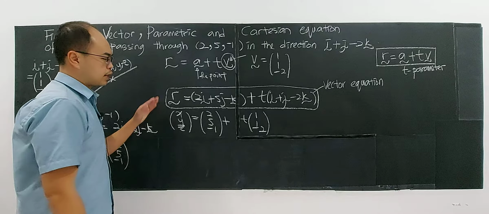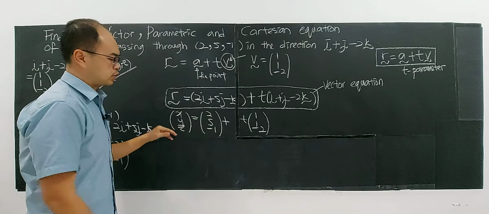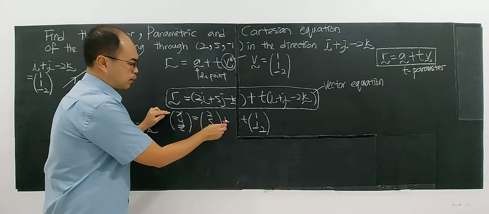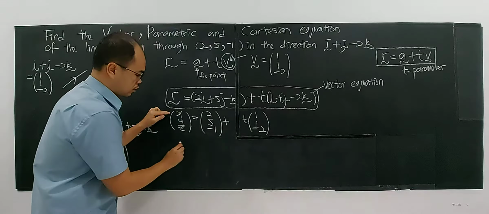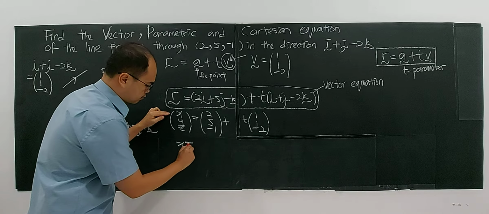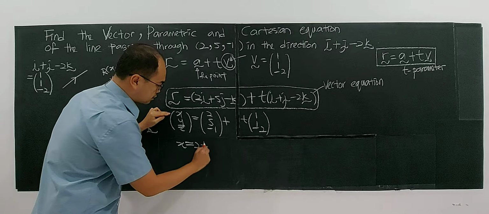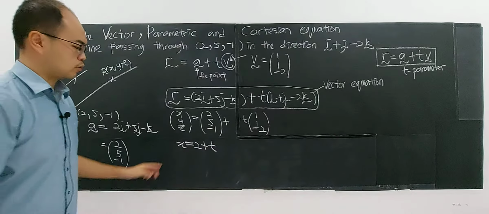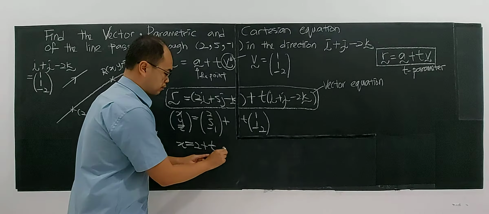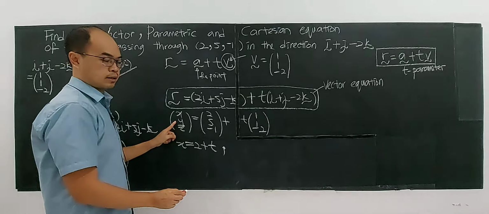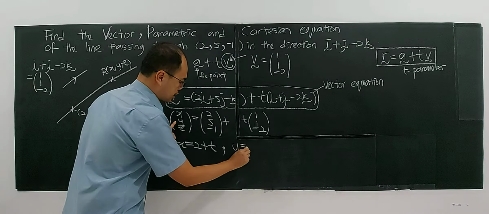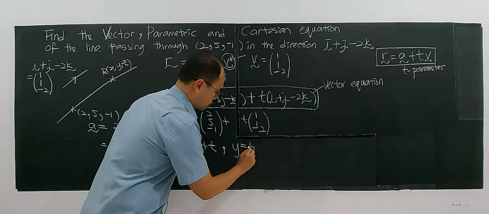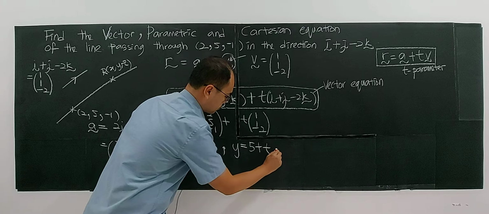I want to rewrite this vector equation in parametric form. Comparing components, x is 2 plus t times 1, which is 2 plus t. y is 5 plus t times 1, which is 5 plus t.